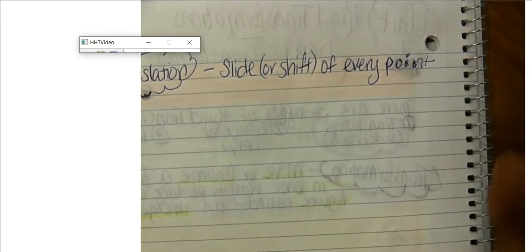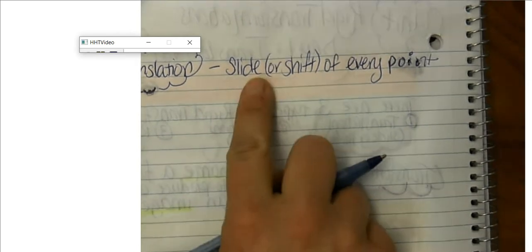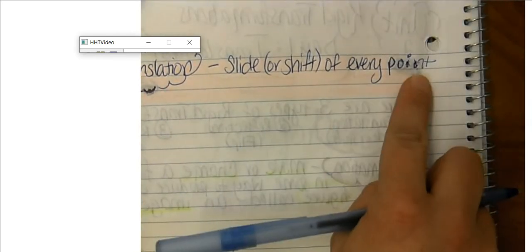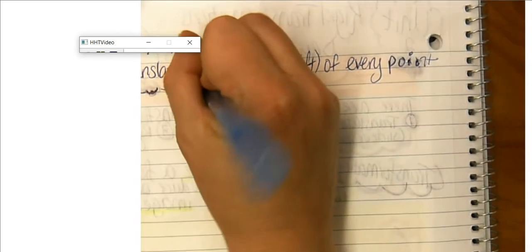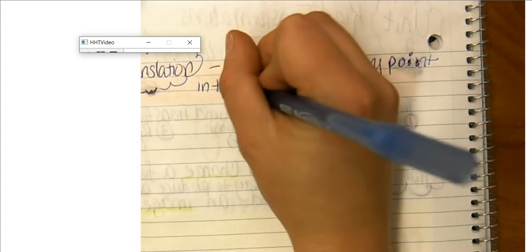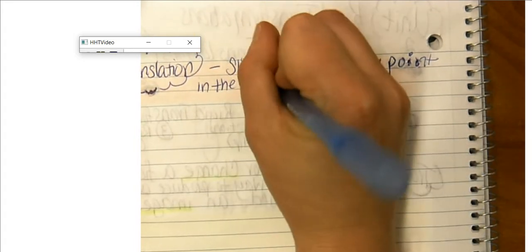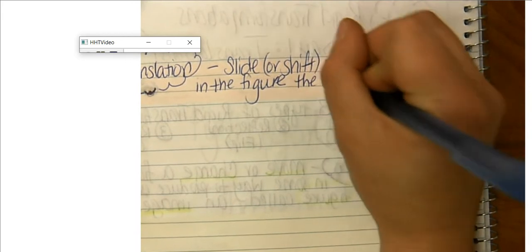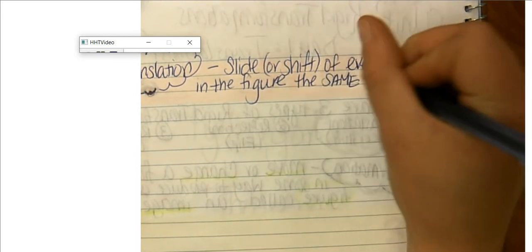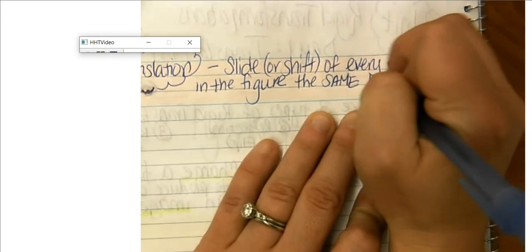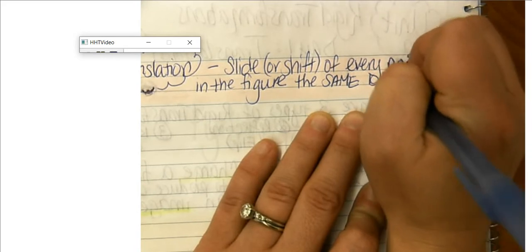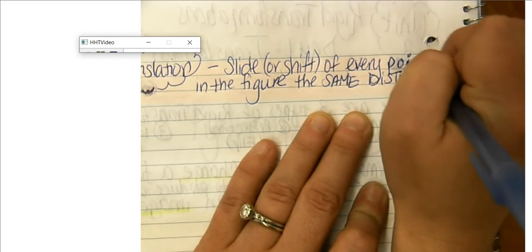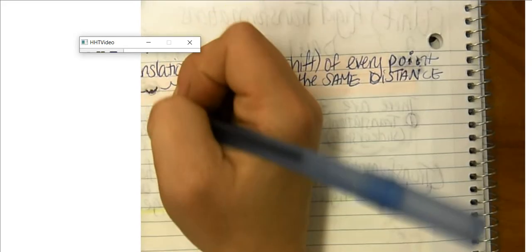So that is every point. So it's a slide or shift of every point in the figure the same distance in the same direction.